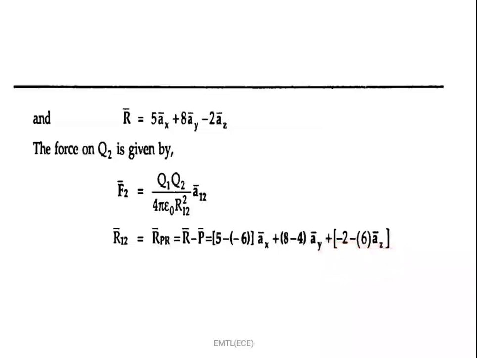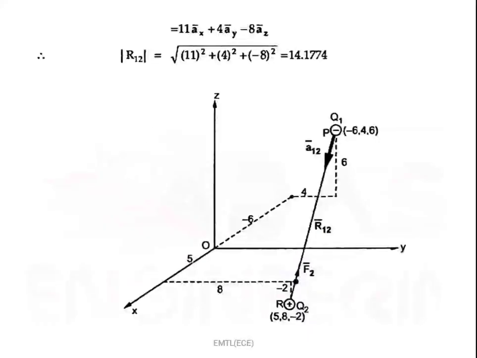That is the distance between the two position vectors P and R. So this is the final distance between P and R vectors: 11 ax bar plus 4 ay bar minus 8 az bar.